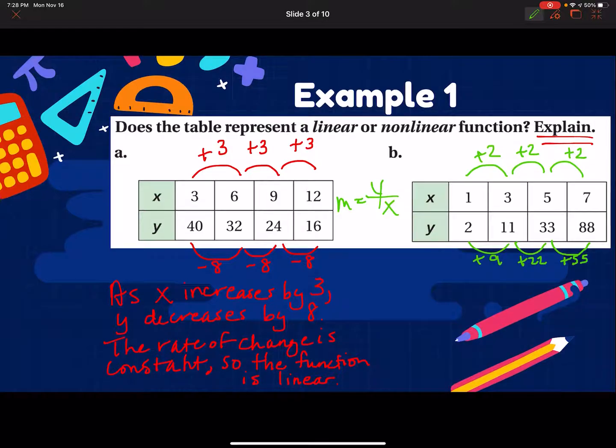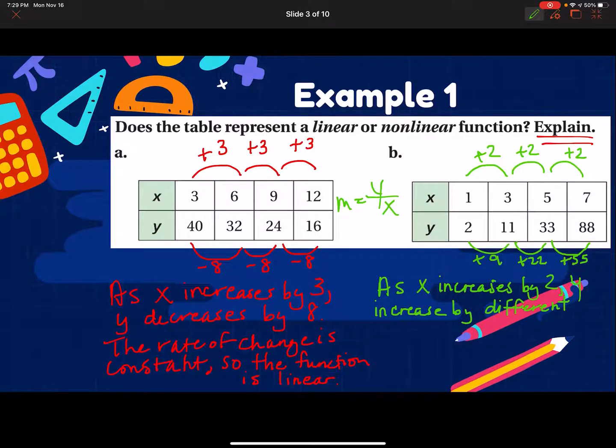So we're going to explain that. As x increases by 2, y increases, let me change that. y isn't decreasing. Not sure why I said that. y increases by, and look up there at your differences.